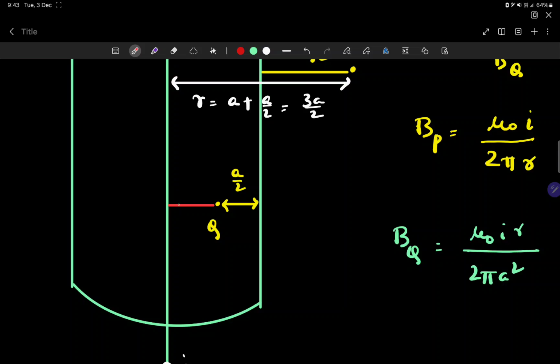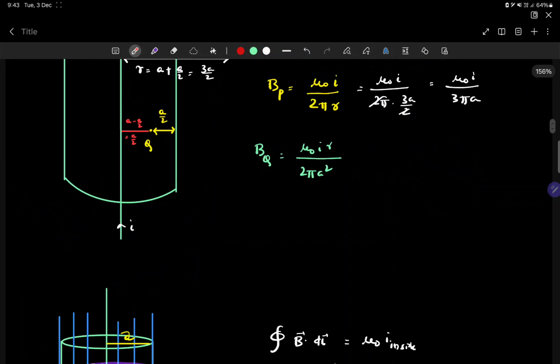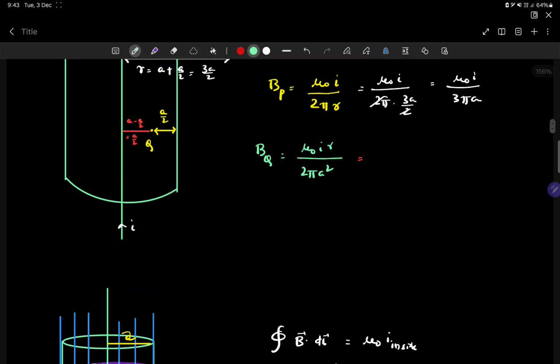So it will be A minus A by 2, that is A by 2. So instead of r, we can write mu naught I into A by 2, divided by 2 pi a square. Solving, we get mu naught I by 4 pi a.